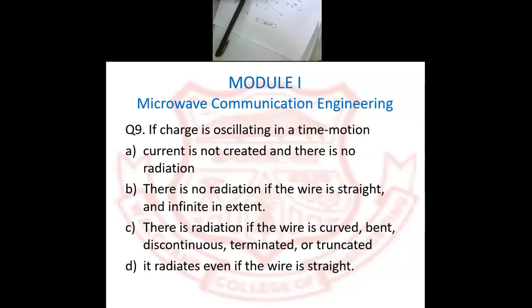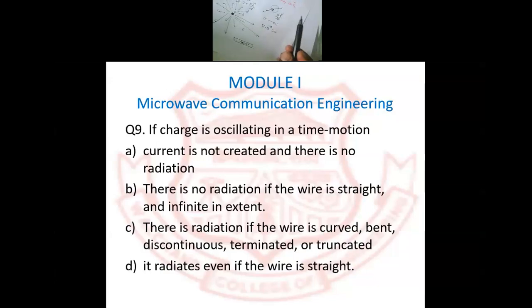So then what happens? Current is not created and there is no radiation. People have written the answer, that is D. Good. If charge is oscillating in a time motion, actually the answer is correct: it radiates even if the wire is straight. Generally, if there is a current in a wire and we bend the wire, then there will be radiation.